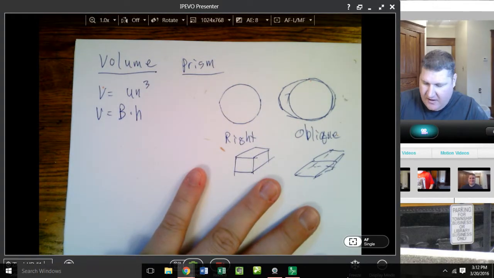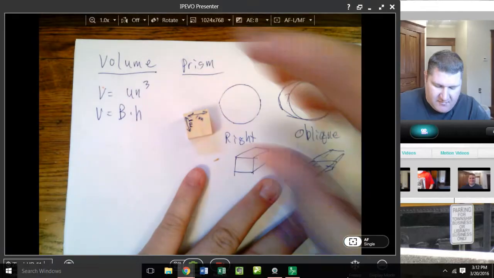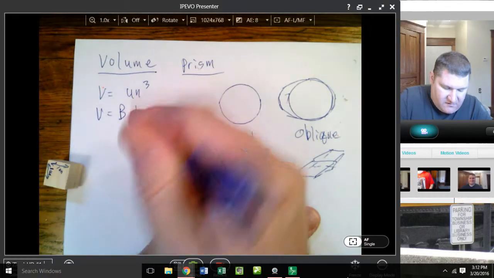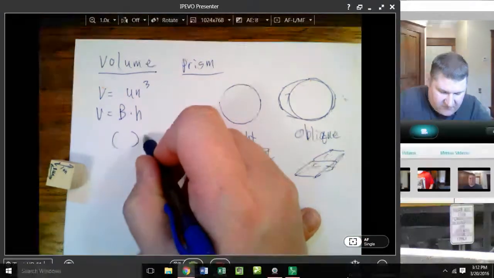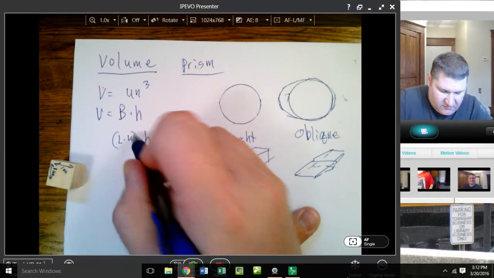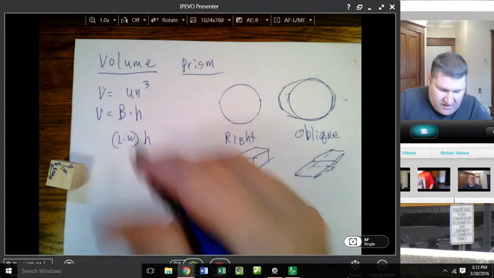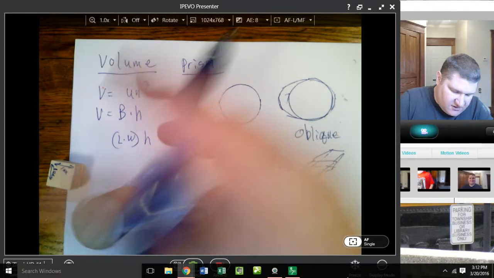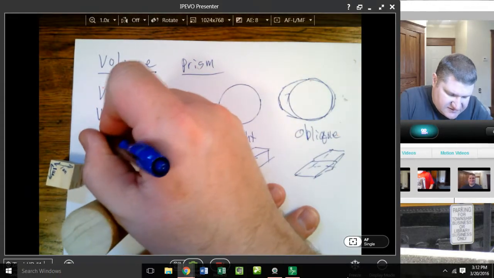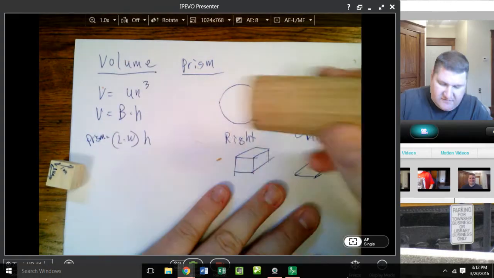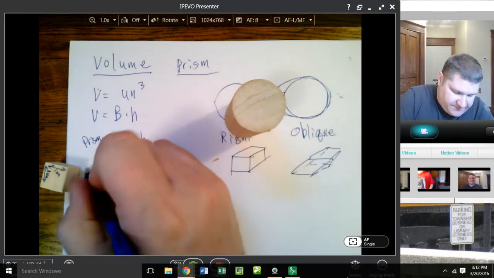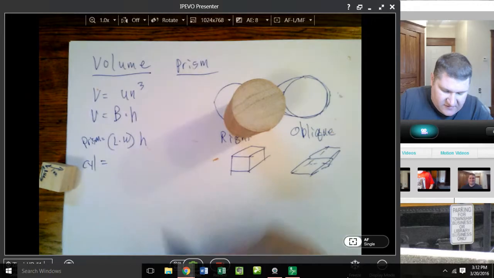Base times height. Now, in the case of my cube, my base is a square. So instead of just base times height, I could say length times width times height, because it's a square. In the case of my cylinder, this is a prism, and in this case, this is a cylinder. That's going to be a little different.